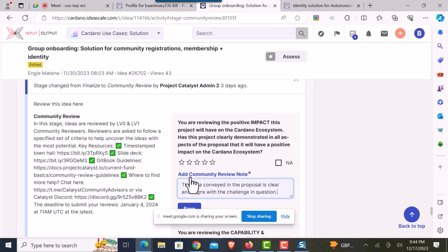So you see, I've just typed something here. The idea conveyed in the proposal is clear and aligns with the challenge in question. So which challenge is the Cardano use cases? That's the solution. Yes. So for me, I always see this to be very paramount. If you want to assess impact, you have to really establish this fact.